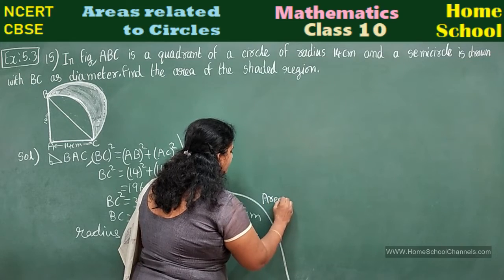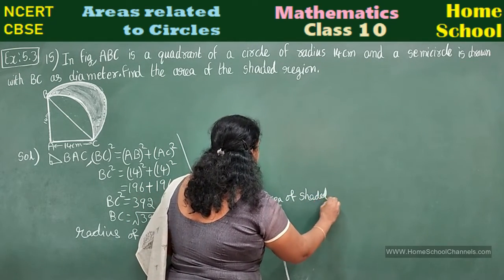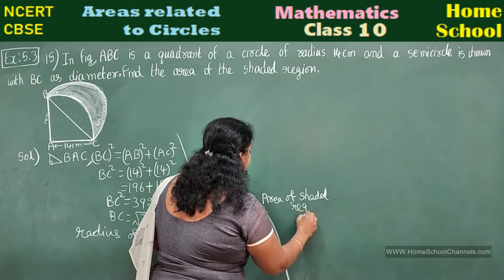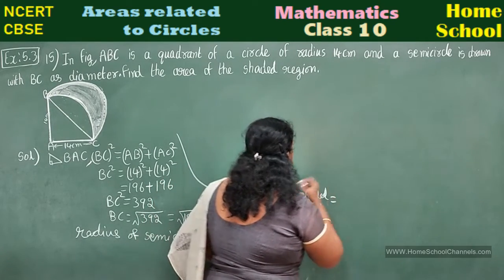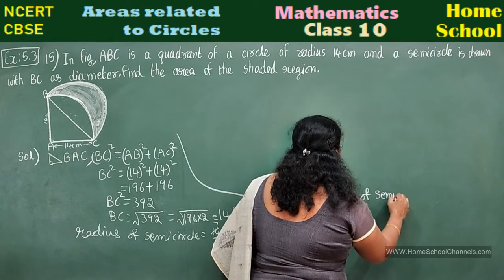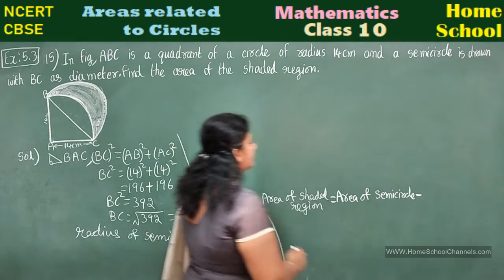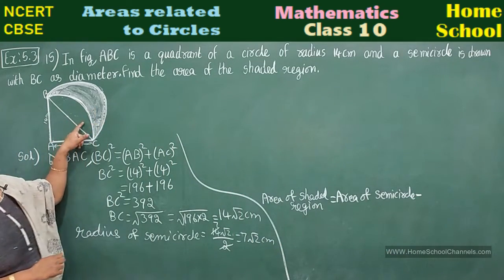Area of the shaded region is equal to the area of the semicircle minus, from the area of the semicircle I need to subtract this.